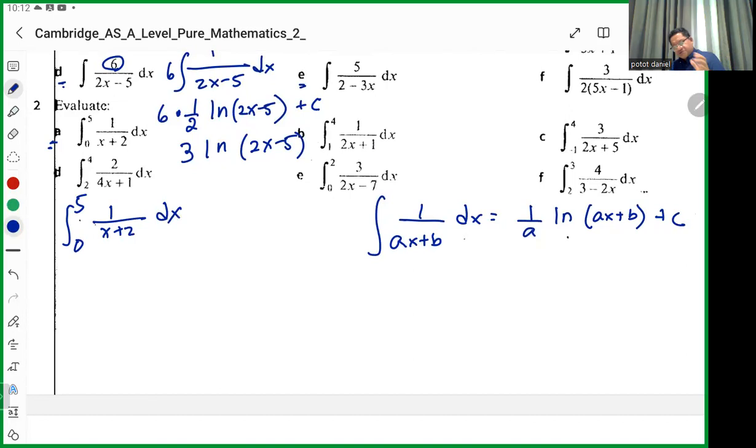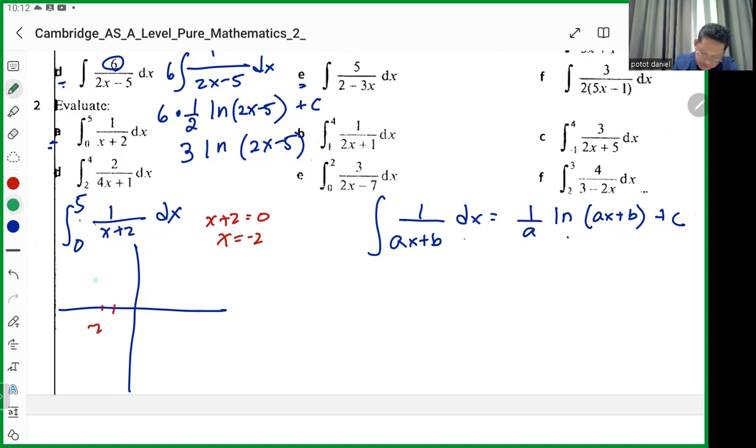Just for you to be able to imagine this one, the graph of this has a vertical asymptote where x plus 2 equals 0, so x equals -2. So this is going to be the vertical asymptote.